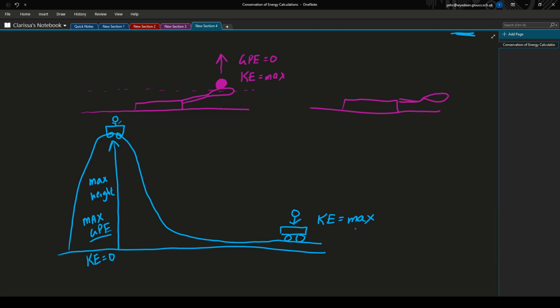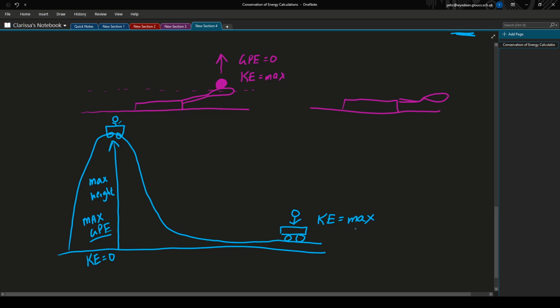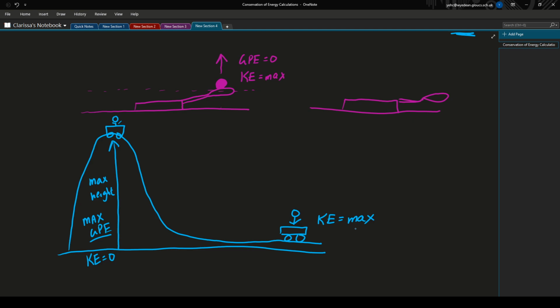Once again, where did all that kinetic energy come from? You started off not moving, your kinetic energy was 0, now all of a sudden you're moving and your kinetic energy is huge, but kinetic energy cannot come from nowhere. Where did that energy come from? Write it in the chat if you can figure it out.